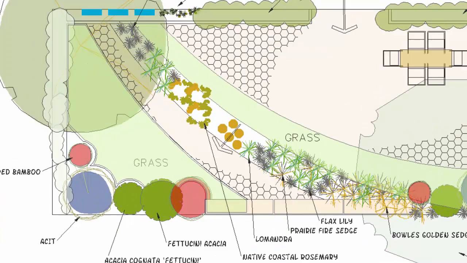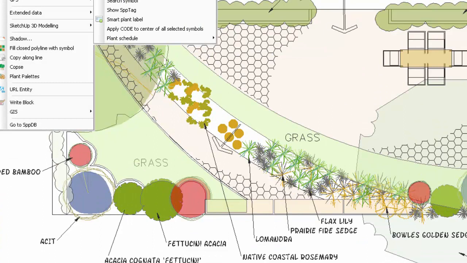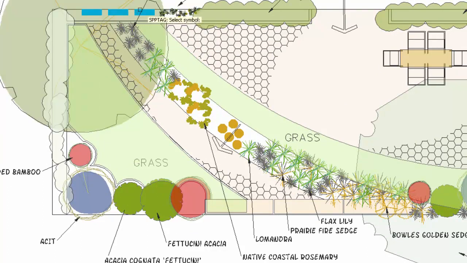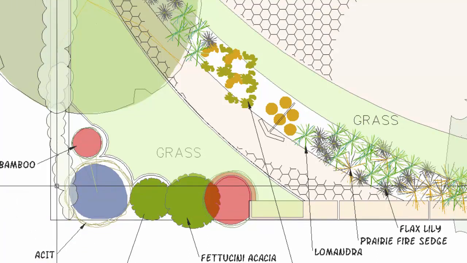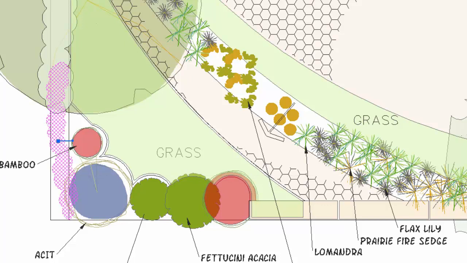It's also possible with gCADPlus to search for a particular tag. So if you wanted to know the tag, let's zoom in here, that was associated with that one there, we click it, and if you notice just above the command area, it's coded as BTMU. If we pick it though, it's much easier to see the code in the properties box on the left hand side of the screen.